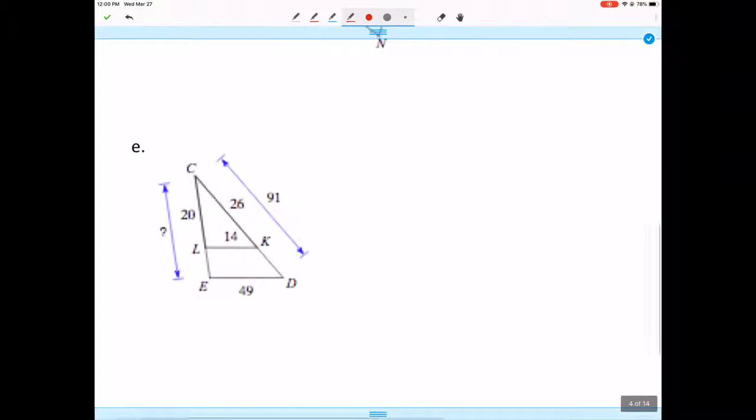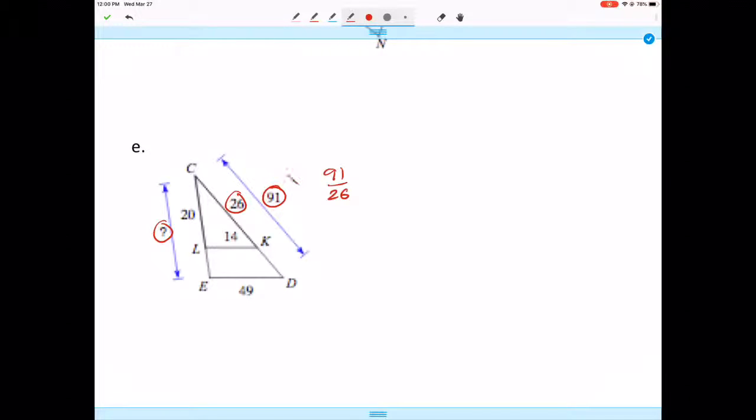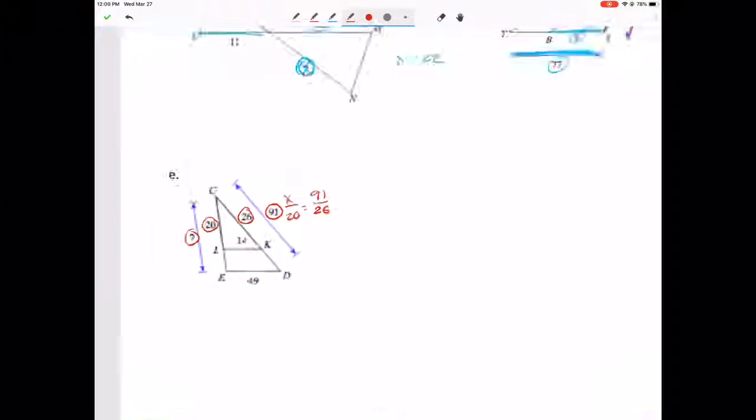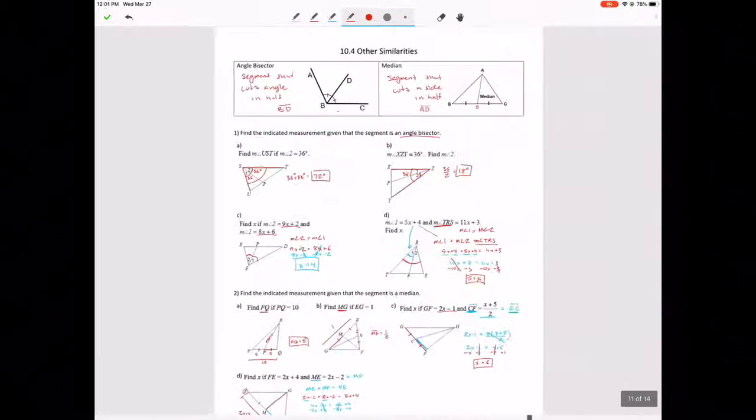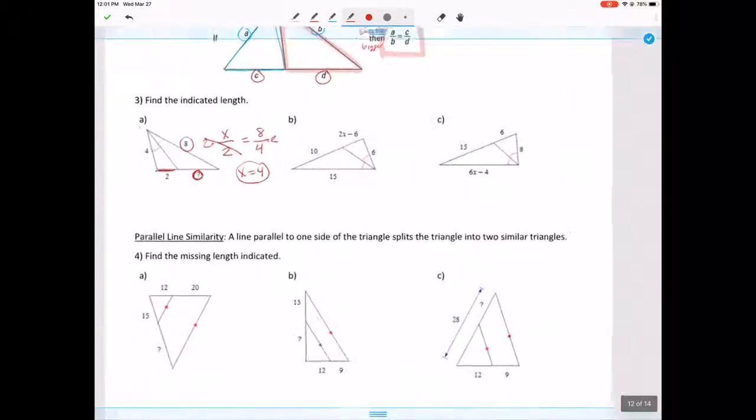So basically we take the larger triangle and we divide it by its corresponding side. So 91 divided by 26. And then the question mark here was x, divided by its corresponding side, which is 20. So it's basically the same type of thing, we need to solve for x. All right, sorry if that gets you a little nauseous.